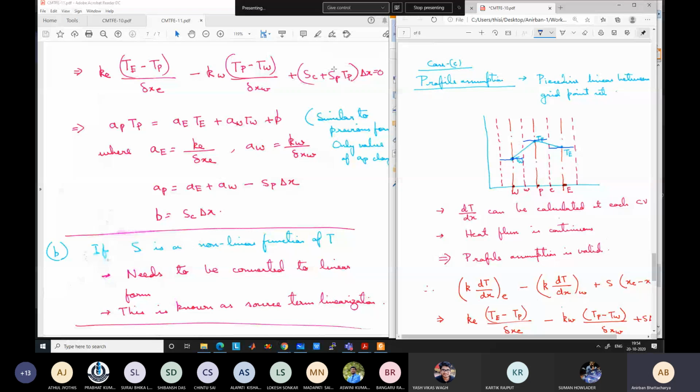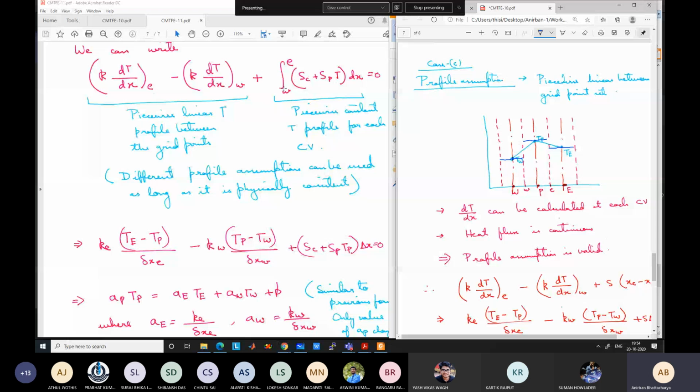Because of this only, I am writing west to east Sc. West to east Sc is constant. So what will be the value of west to east Sc into dx? It is the distance from west to east, so it is delta x. Now for the second term, west to east Sp into T into dx.